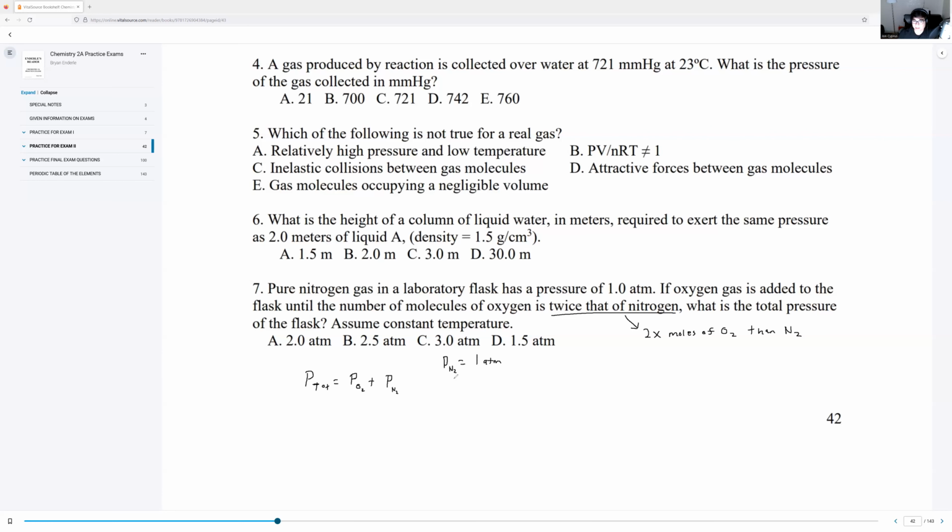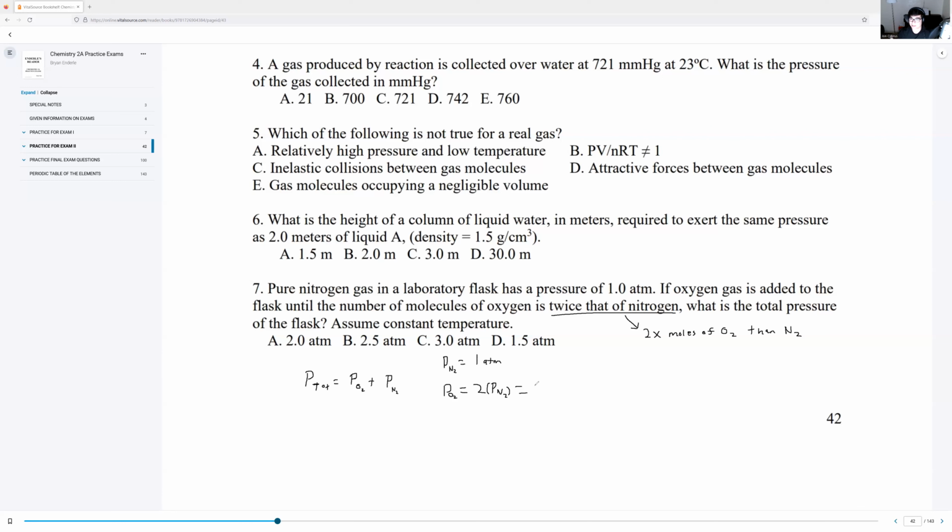Now, what are moles interlinked with? They're interlinked with pressure. They're proportional. The more moles you have, the more partial pressure you get. So assuming that the volume is the same and everything else is constant, and that oxygen will also provide the same pressure per mole, we can say that the pressure of oxygen is 2 times the pressure of nitrogen, since there's twice as many moles of oxygen as nitrogen.